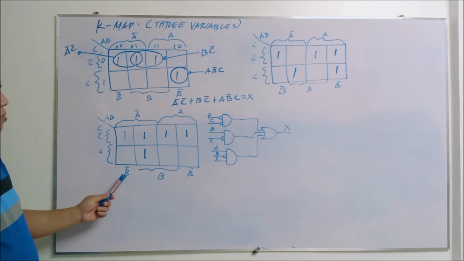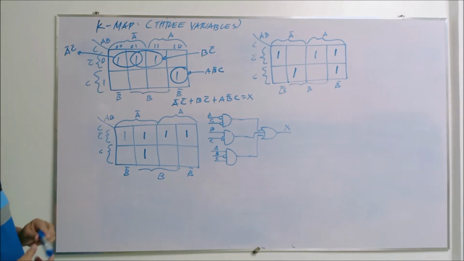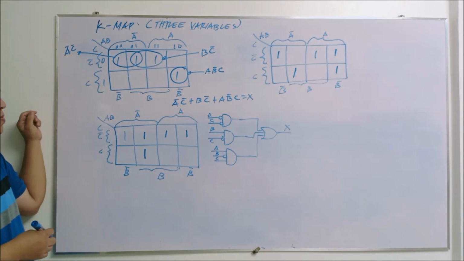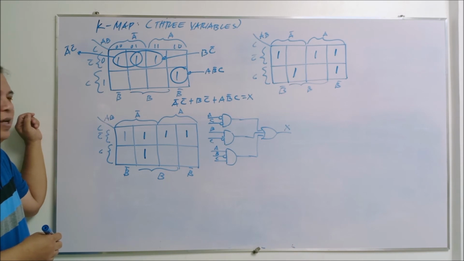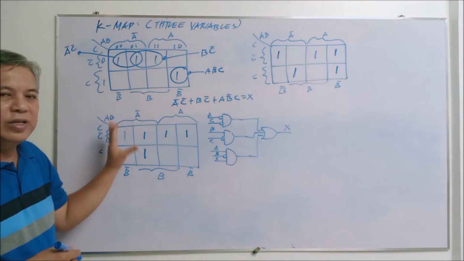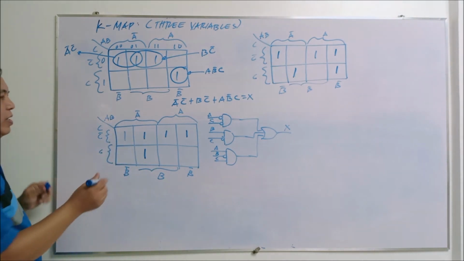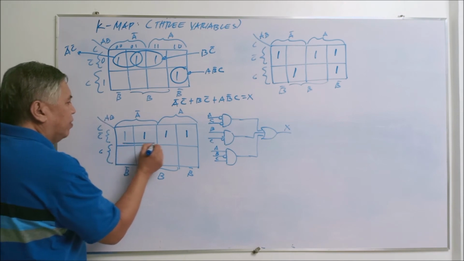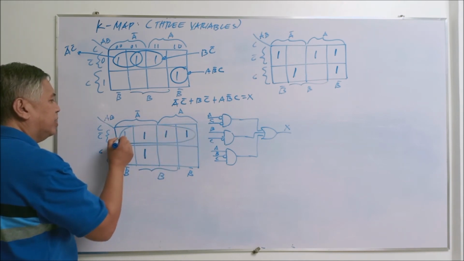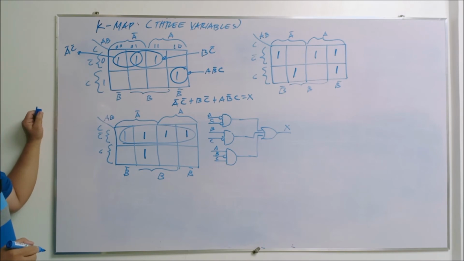Okay? How about for the other problem here? Okay, again, we find the grouping 8, 4, 2, 1. There's no 8 adjacent cells. We go to 4 adjacent cells. This one here is 4 adjacent cells in line.